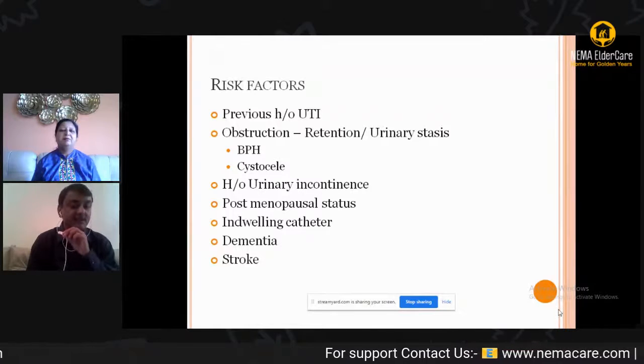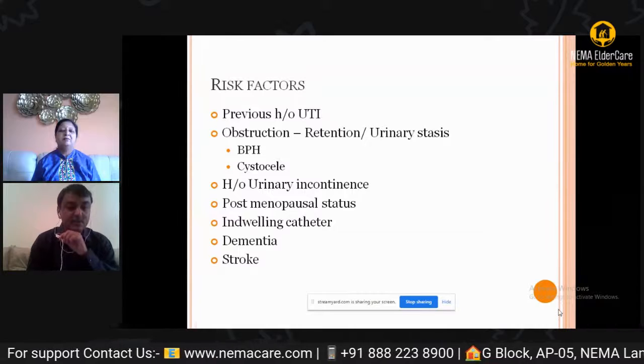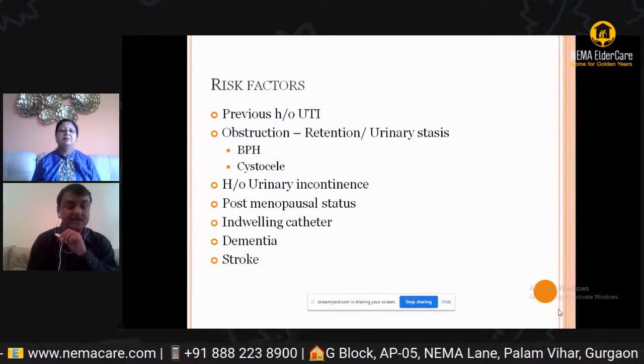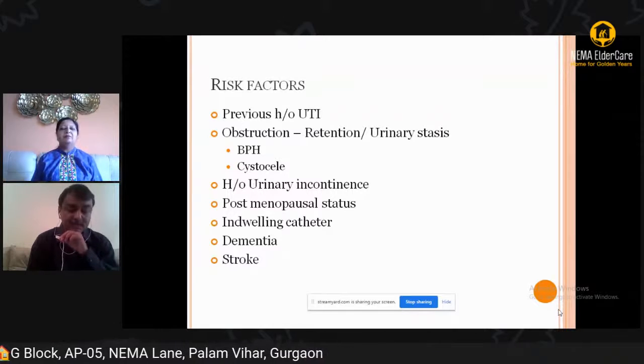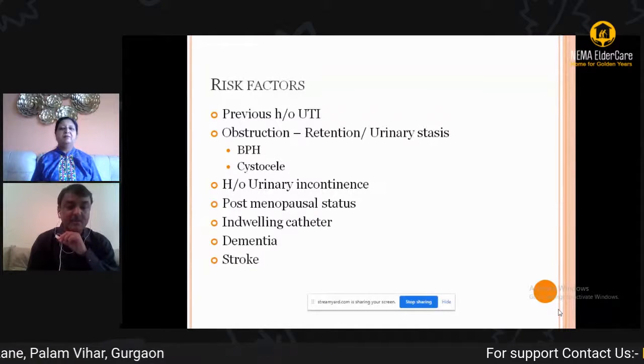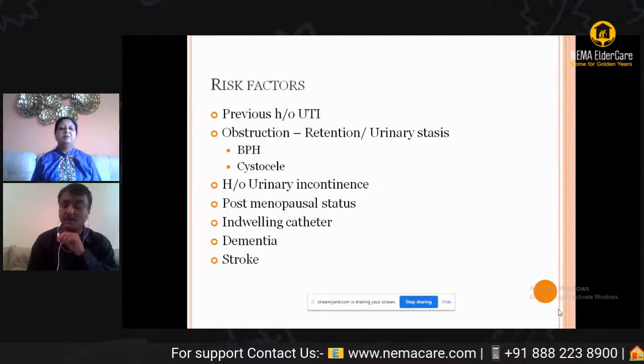In males, the most common cause is a prostatic enlargement, which can lead to obstruction and infections, while in females, it may be related to disorders like cystocele or a uterine prolapse, which lead to some degree of obstruction or retention of urinary flow.